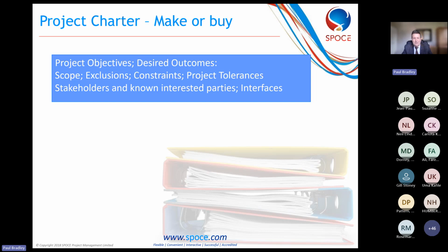How are we going to interface with them and communicate with them? That's the sort of thing we're looking at trying to pull together very early on in the project. Some of it will be early pre-project if we've got that facility, or very early on in the startup phases of any project. Okay, so that's the project brief and the project charter.